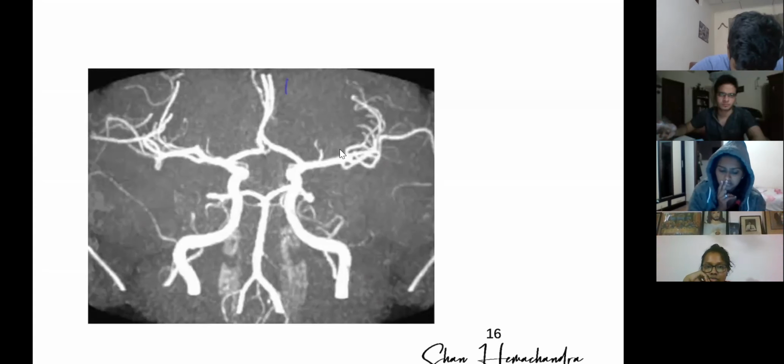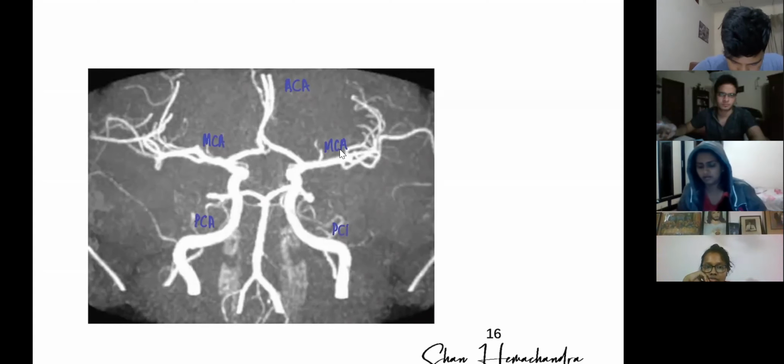This is the anterior cerebral artery. Okay, this is the middle cerebral artery. This is the posterior cerebral arteries. Okay, and this is the basilar artery, and these are the vertebral arteries.